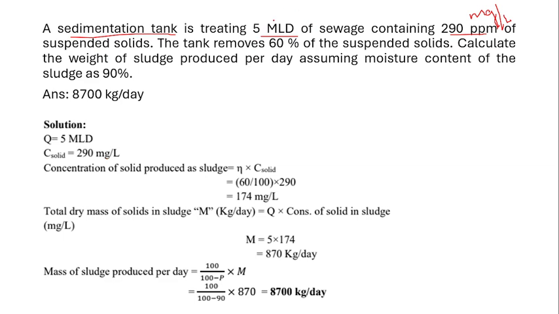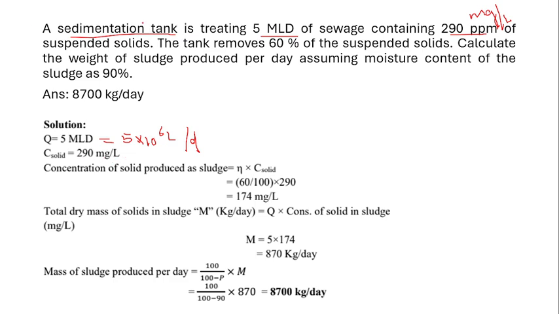This is the flow rate of the wastewater, 5 MLD, which is 5 into 10 power 6 liters per day.